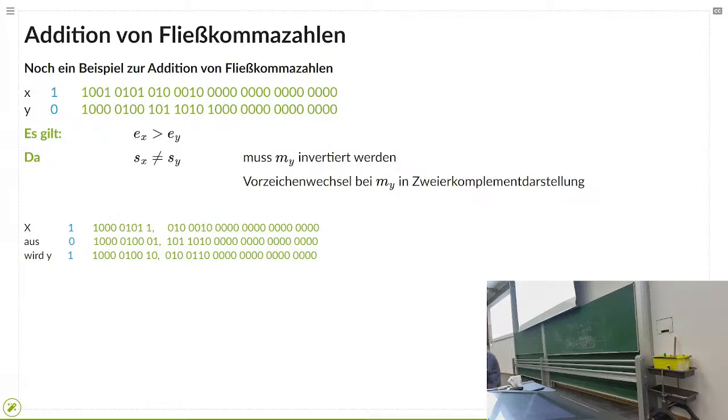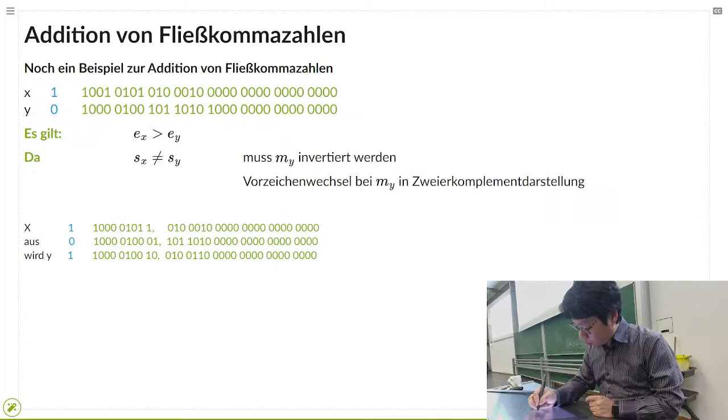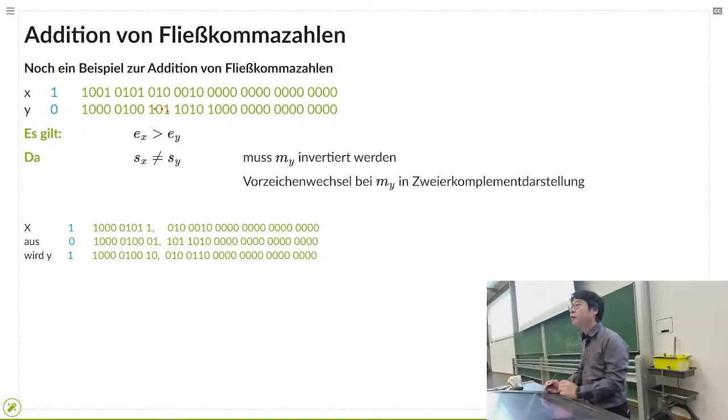And in the end, when you write to the representation, you have to kick it out. Okay. And now MY again is 1, 1, 0, 1, 1, 0, 1, 0, 1, 0, 0, 0, 0, and so on and so forth.